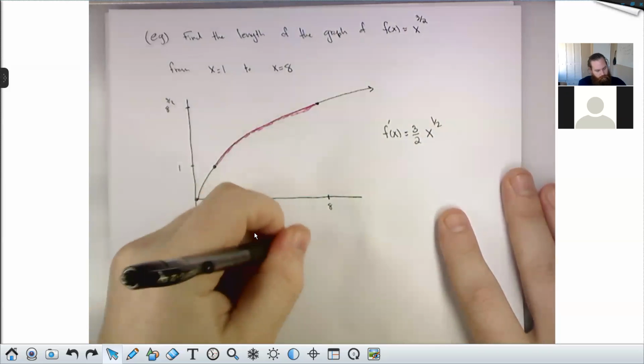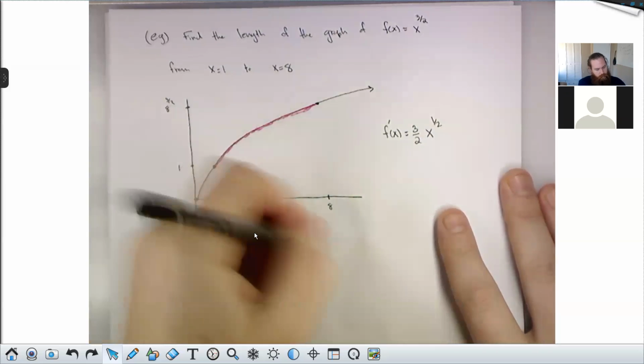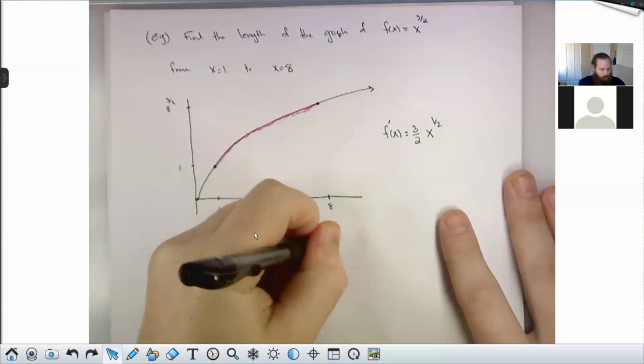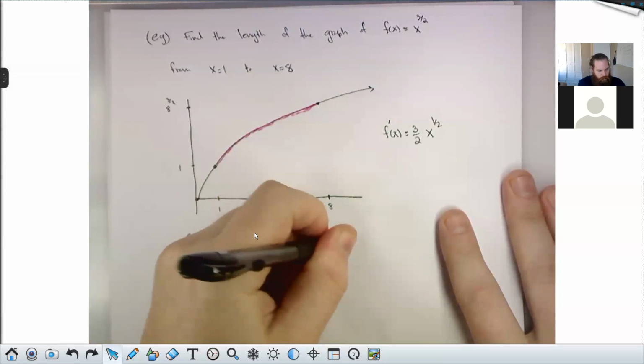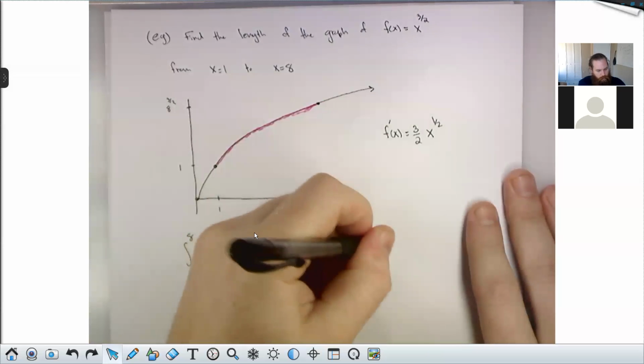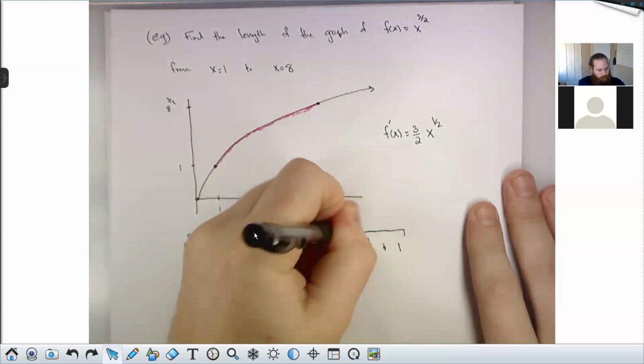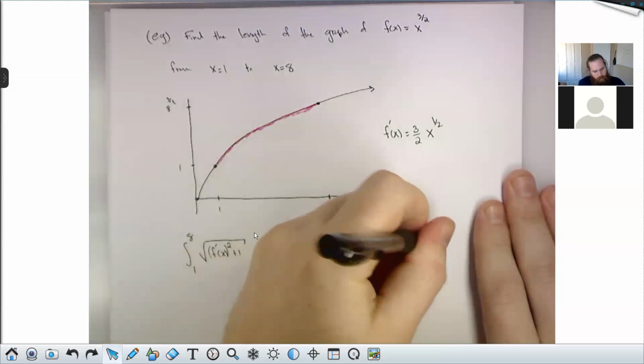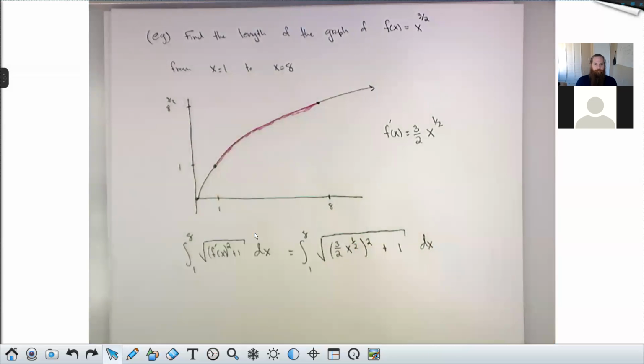So this is the integral from 1 to 8 of the square root of (3/2 x to the 1/2) squared plus 1 dx. Everybody with me so far?